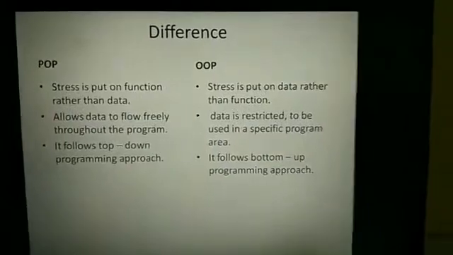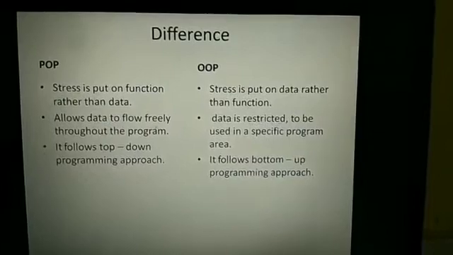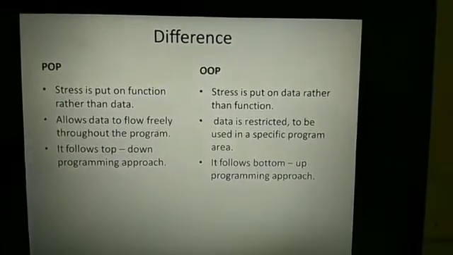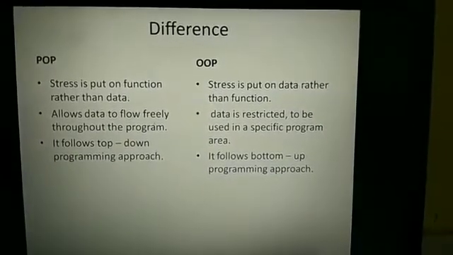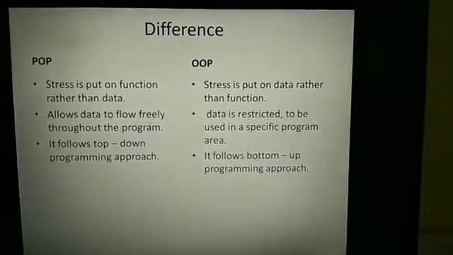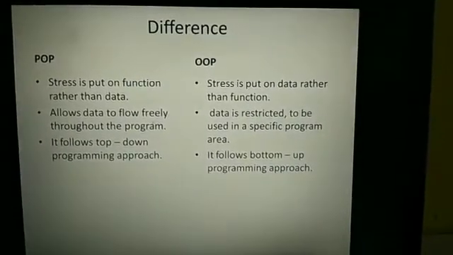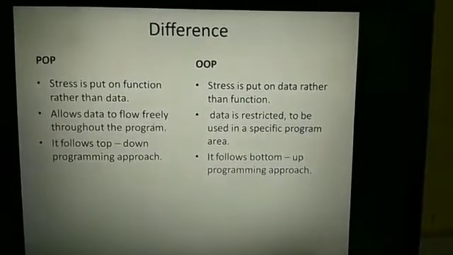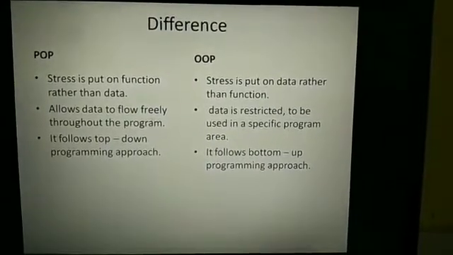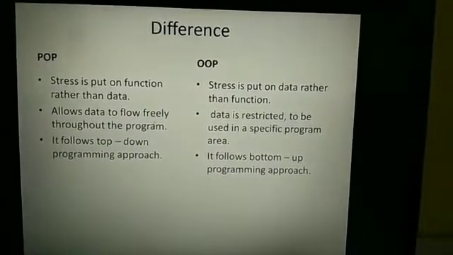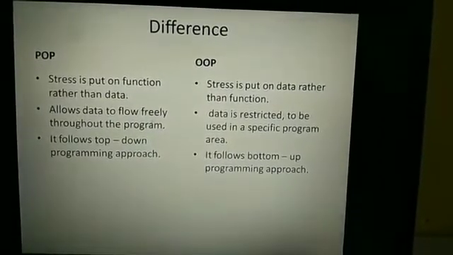Let us have a grasp of the difference between POP and OOP. Under POP, the stress is put on function rather than data. Under OOP, the stress is put on data rather than function. POP allows the data to flow freely throughout the program from one function to another, but under OOP the data is restricted, that is, it is used in a specified program area.